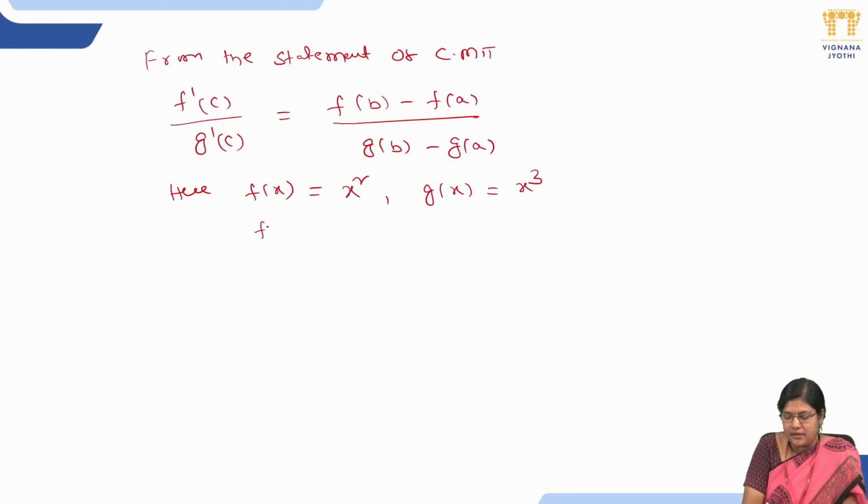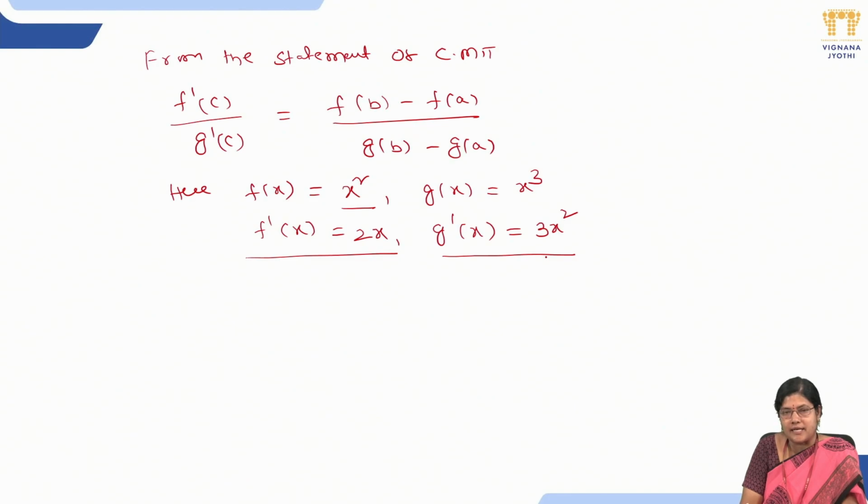Then f dash x is the derivative of x square, which is 2x, and g dash x is 3x square. Putting x equal to c, we get f dash c is equal to 2c, and g dash c is 3c square.